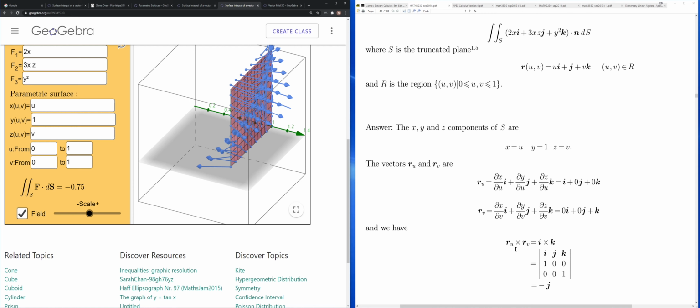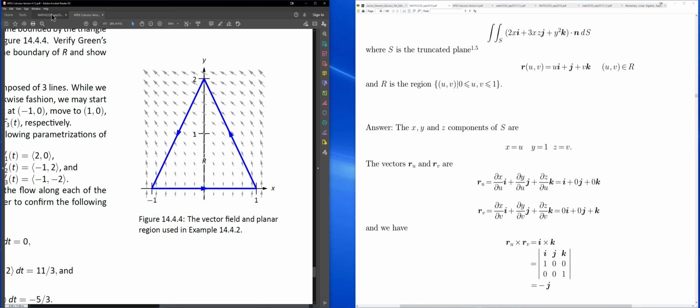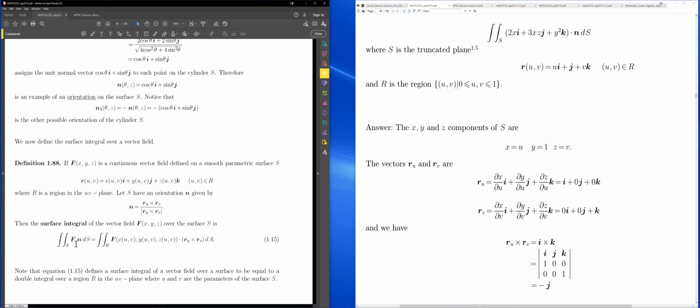Then you work out r_u cross r_v. That's what you need in your formula for calculating the surface integral of a vector field. The r_u cross r_v is minus j. And remember, the orientation is r_u cross r_v divided by the magnitude of r_u cross r_v.